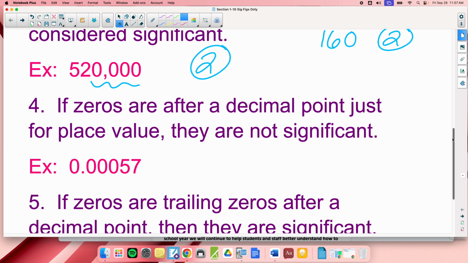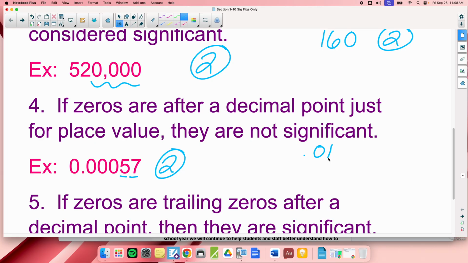So if you have any decimal, that's only a decimal, it doesn't have a number in front of it, and you have zeros in that decimal that are there just to make your number really small, we do not count those as significant. So this would only be 2. Those beginning zeros are there just to make our number really small, okay? So if I even gave you this, how many do you think that would be?